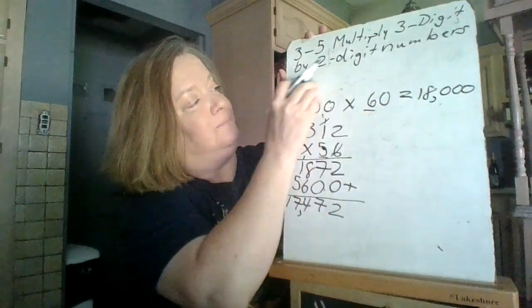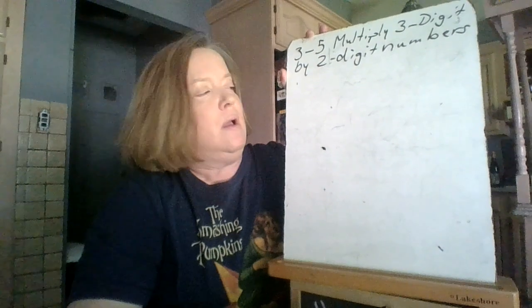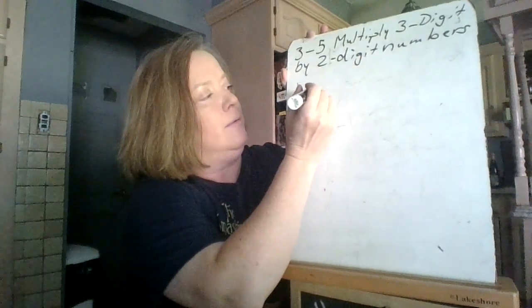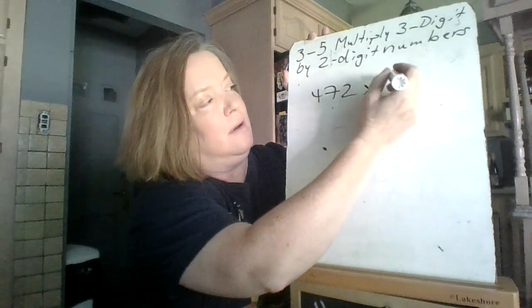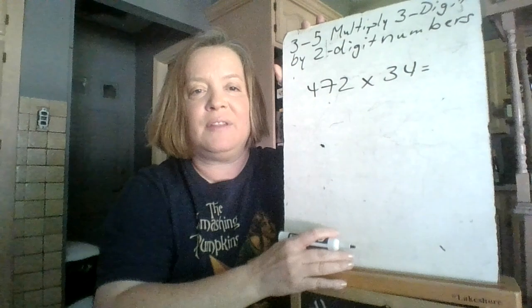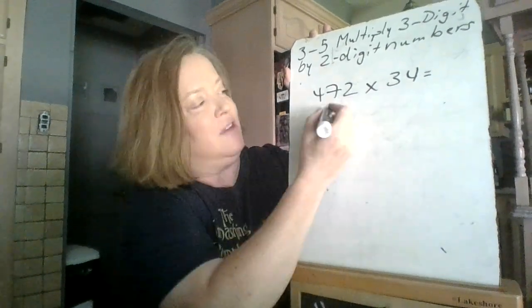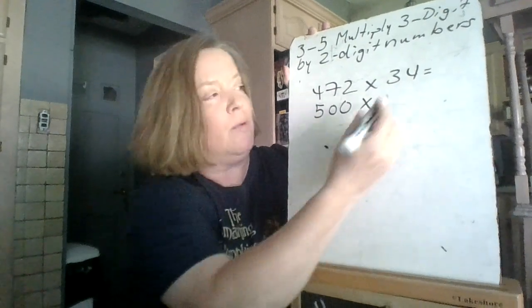Let's try another one. Again, we could do 472 times 34. Okay, well, I'm going to round these numbers first. 472 rounds to about 500, and 34 would round to 30.